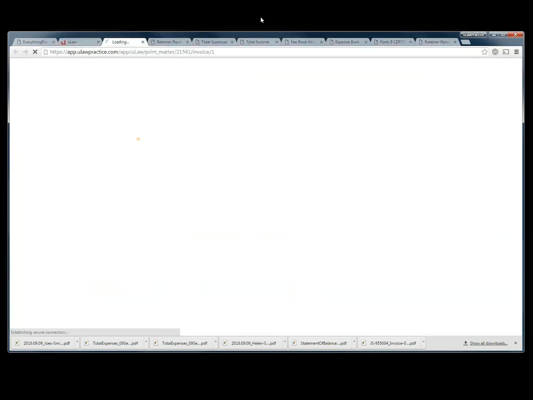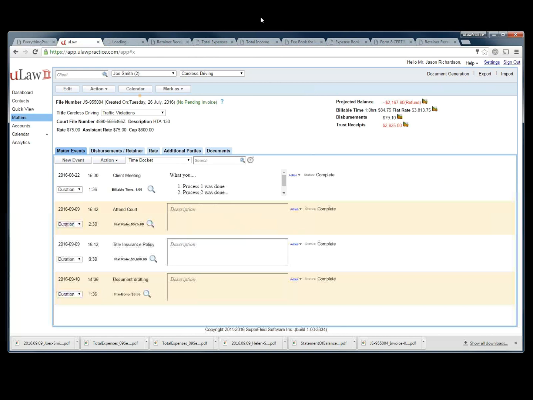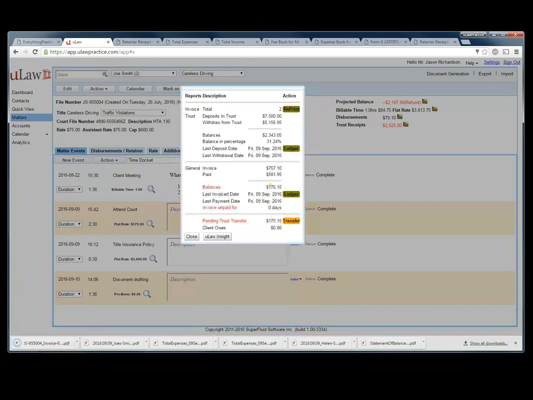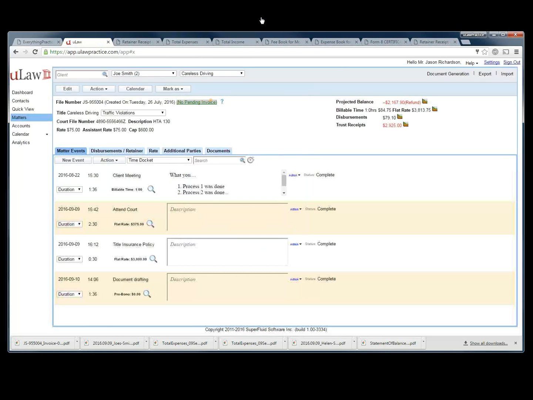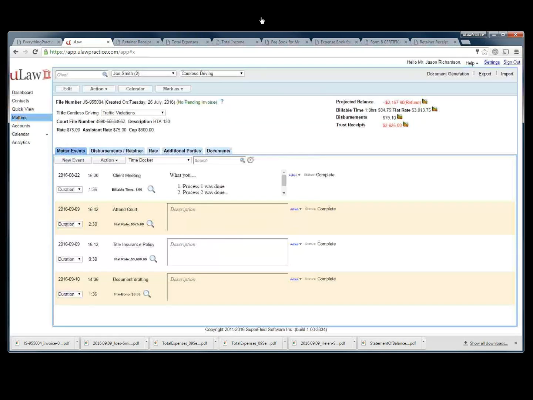So you have raised your invoice. You know how much you have in trust, and the first thing that you do is click on it, and you are going to transfer that trust payment, right? So there's only $175 left in trust. Oops, sorry, give me one. And you want to do that quick transfer to yourself.